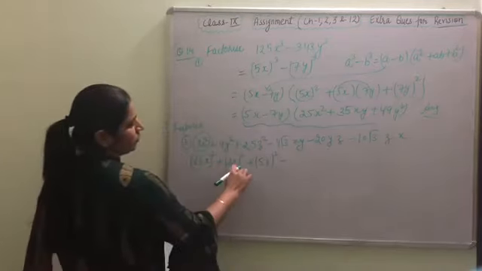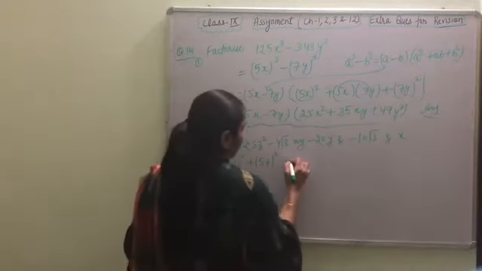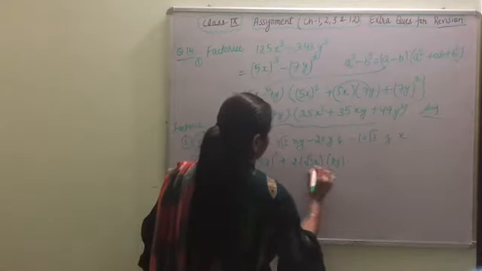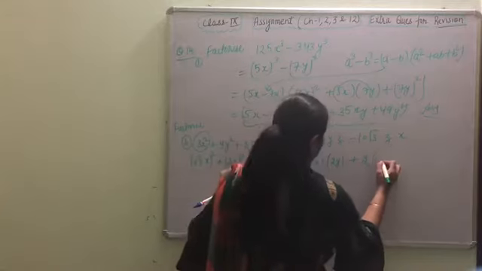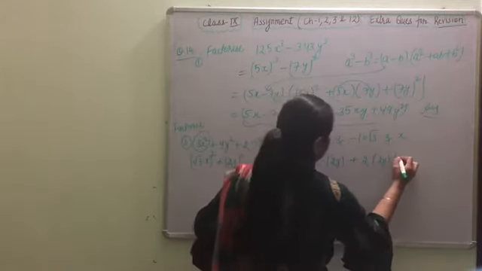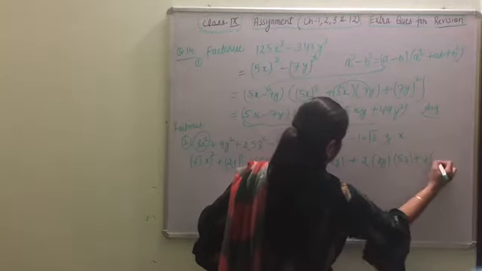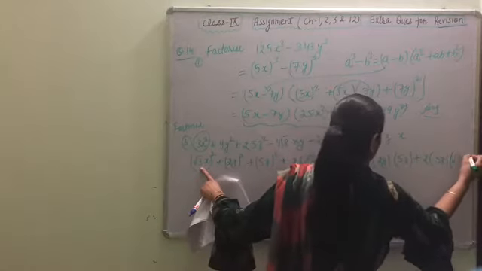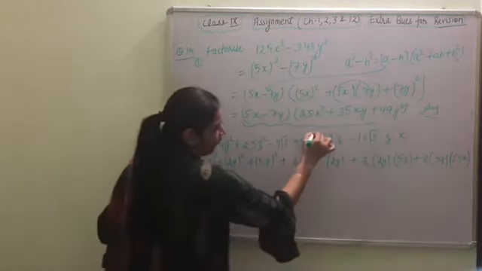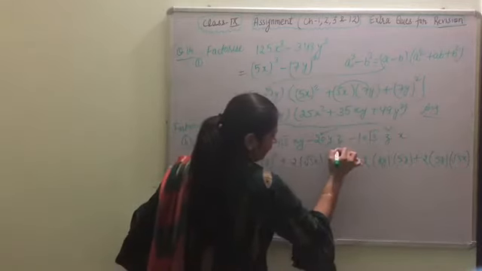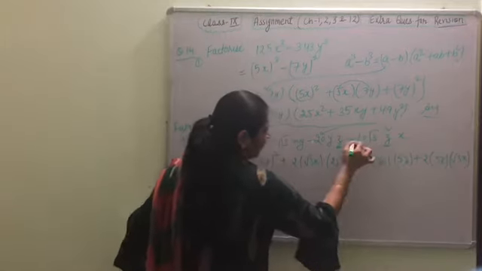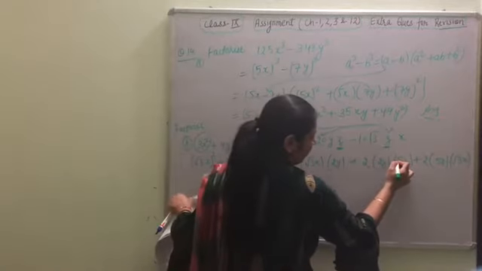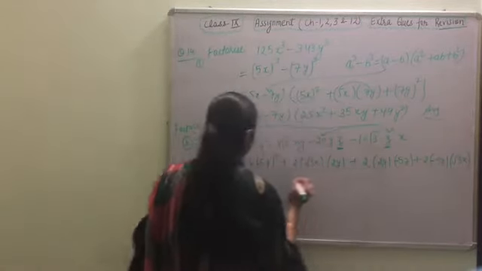Now a square, b square, c square, 2ab, 2bc, 2ca. So a is root 3 x, b is 2y, c is 5z. The common variable is z, so we apply a negative sign with that variable wherever z is coming.